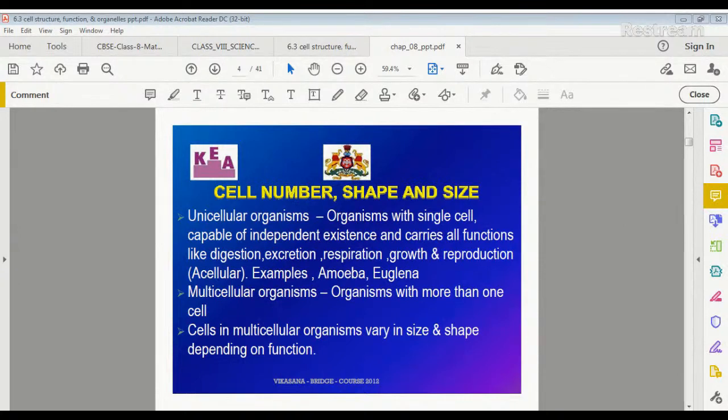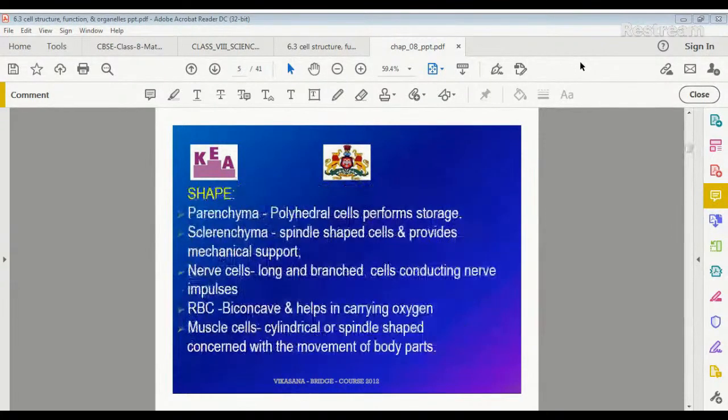we will move on. Here comes the shape of the cells. For example, we can take an amoeba. Don't look at the slide, just listen to me and that will help.